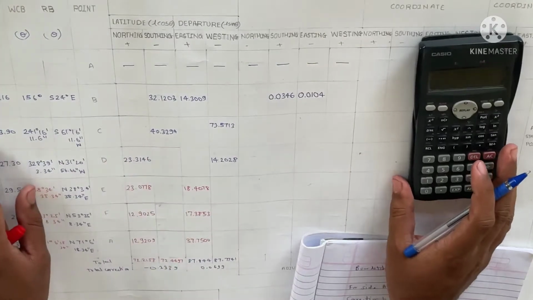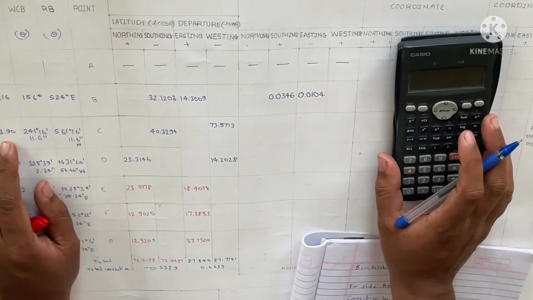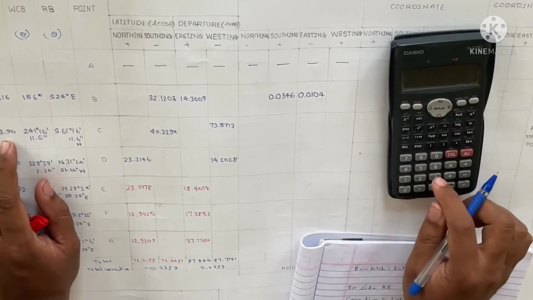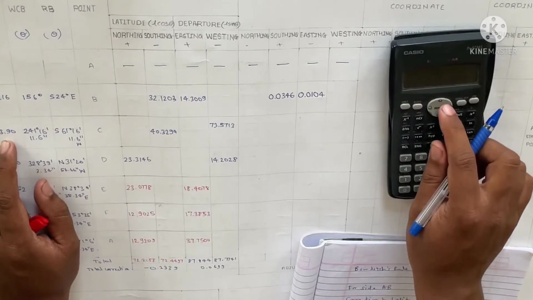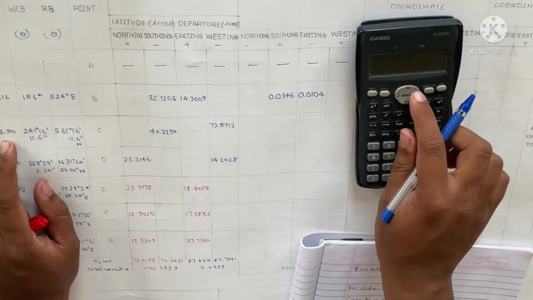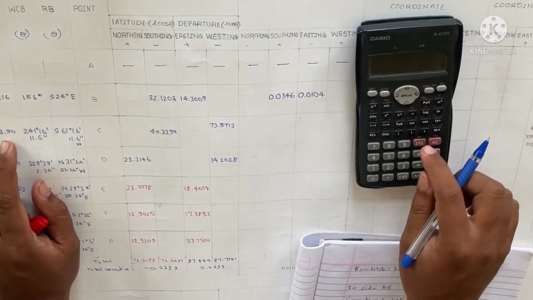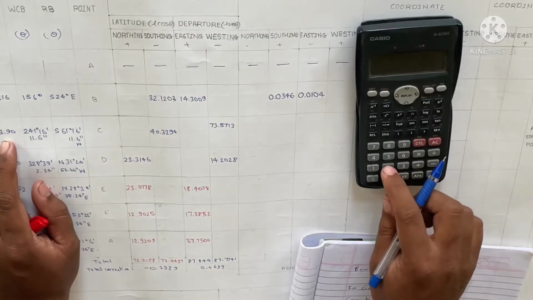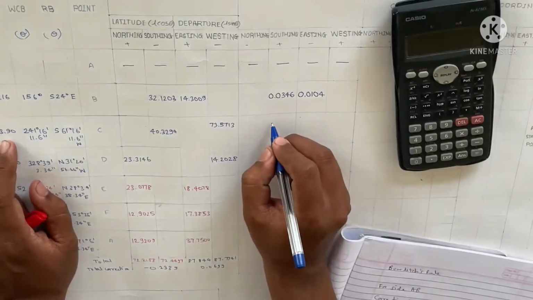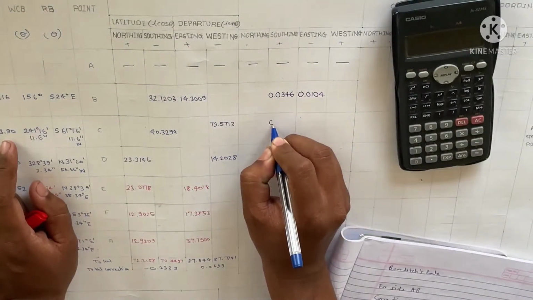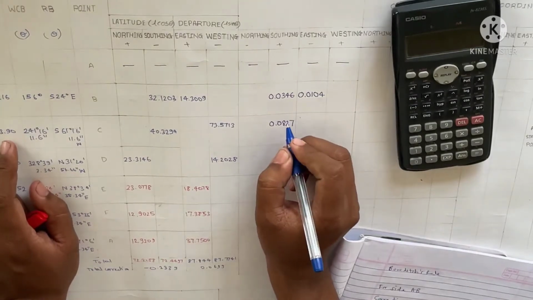For the side BC, again I change only the side, that is the length of the side BC, which is 83.90, divided by the perimeter 237.43 into the error in latitude, 0.2339. We enter that value here, which comes out to be 0.0827.